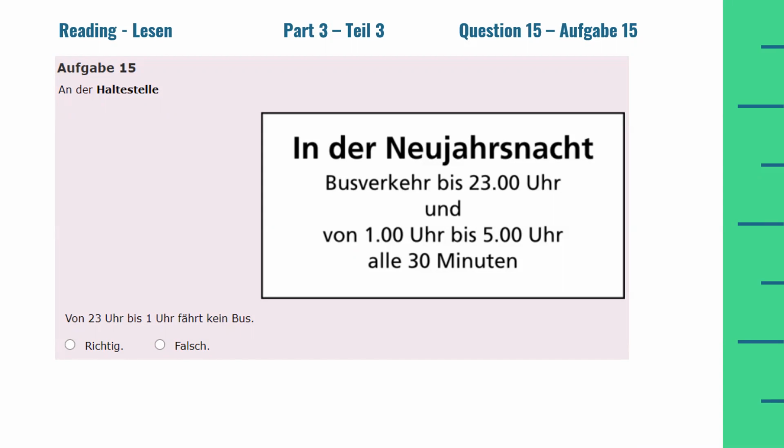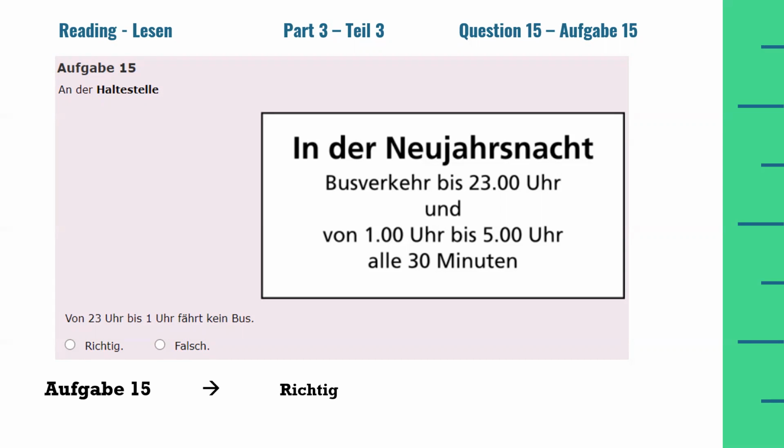So the bus service is available until 11 o'clock, and then from 11 o'clock till 1 o'clock in the night, there is no bus service because the next bus will start from 1 o'clock, and this bus service will be available until 5 o'clock, and the bus will travel every 30 minutes, which means that there is no bus from 11 o'clock till 1 o'clock in the night. So this statement is correct.